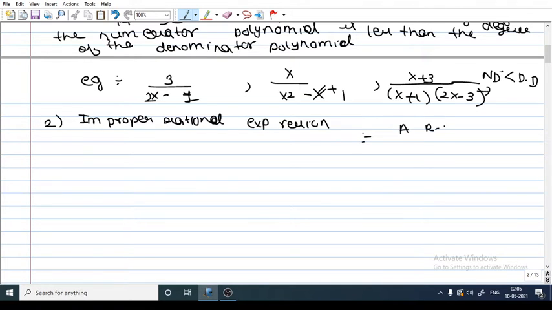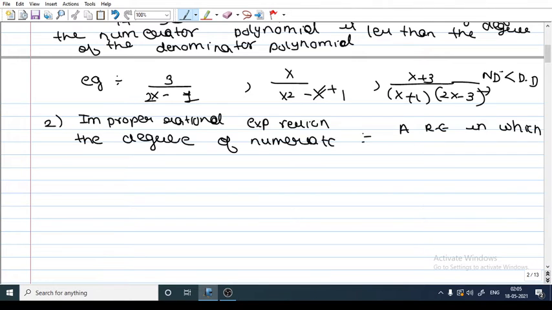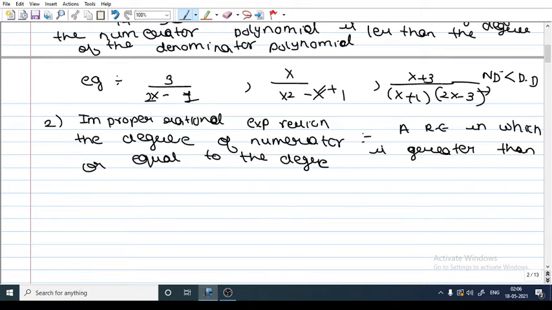A rational expression in which the degree of the numerator is greater than or equal to the degree of the denominator.